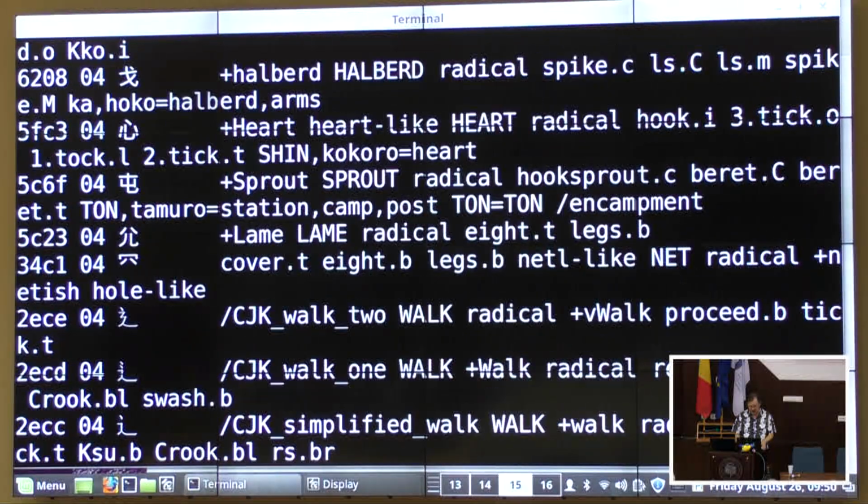Child. There's like a couple hundred radicals here. Now, there are variants of them, as we've seen with horse. So I distinguish the actual radical names with upper and lower case from the semantic idea of them, which is all uppercase.